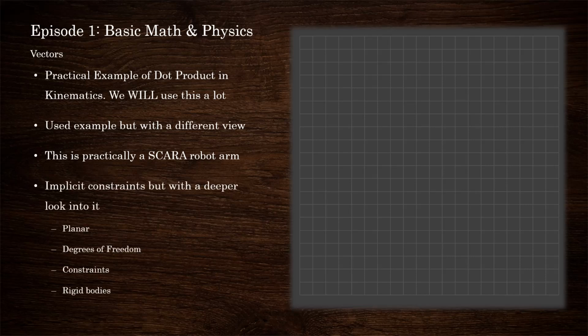And there are some implicit constraints, but we need to look at it a little deeper. So it is a planar mechanism, which means it is in plane only. And there are degrees of freedom that we will look more into. A plane in general has only 3 degrees of freedom.